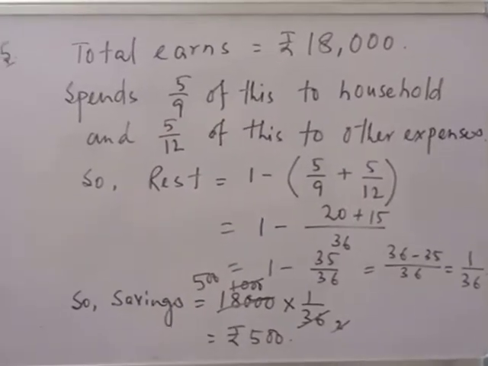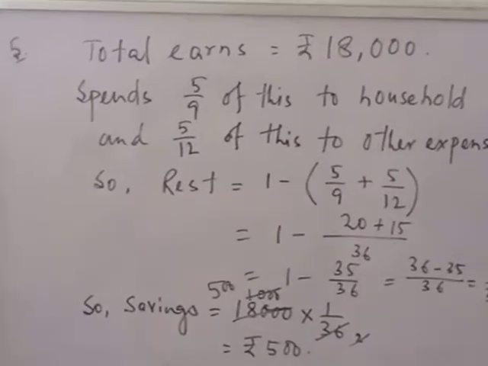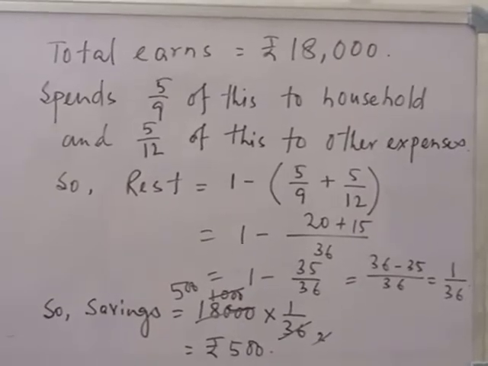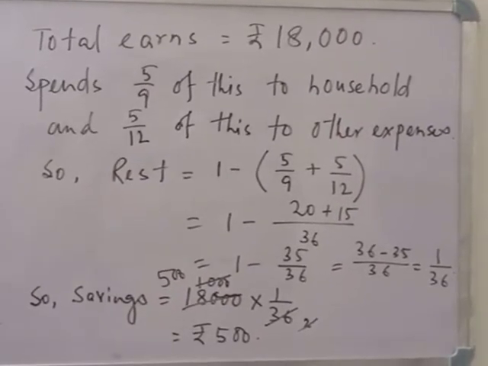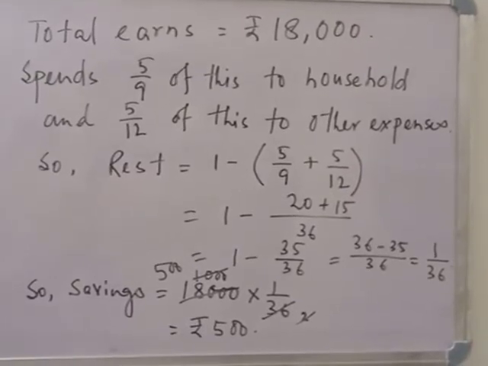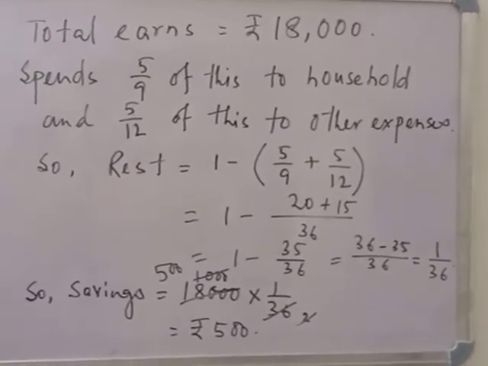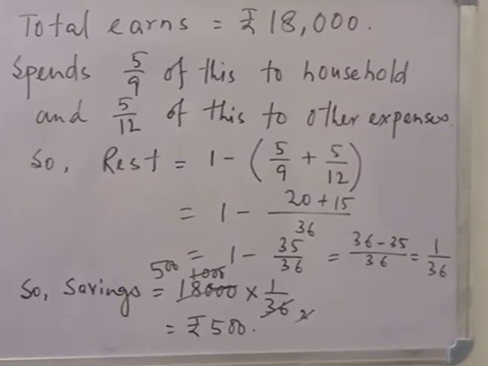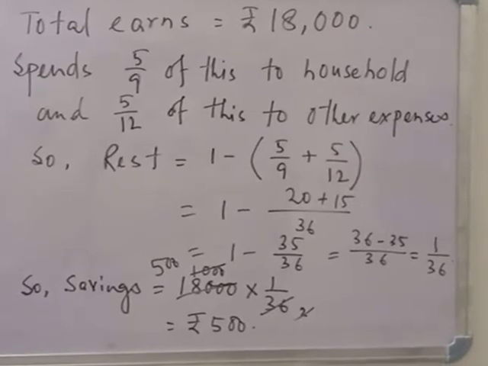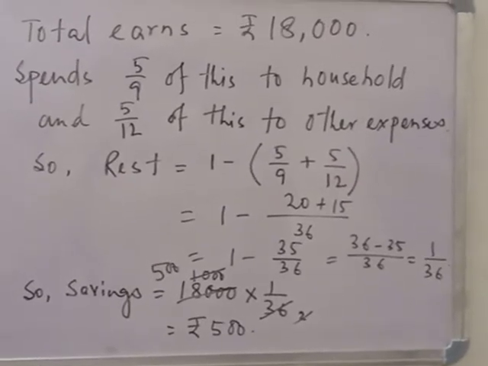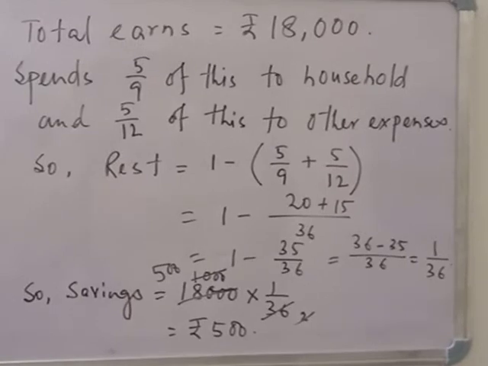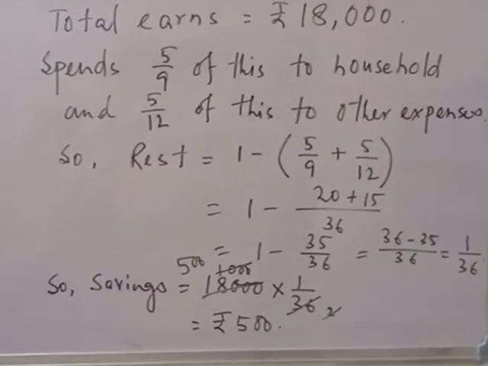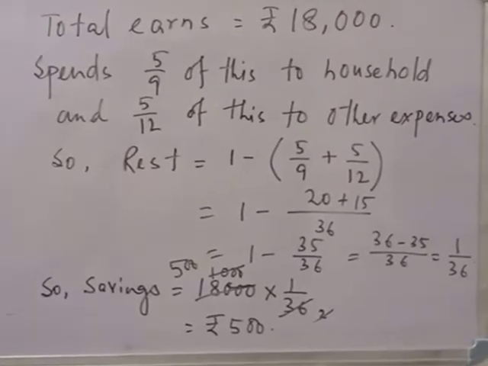Now next, number 5. Total earnings are rupees 18,000. He spends 5/9 of this on household and 5/12 of this on other expenses. So the rest equals 1 minus 5/9 plus 5/12, because I am taking the total as 1 and the total expense is 5/9 and 5/12. So add 5/9 plus 5/12.